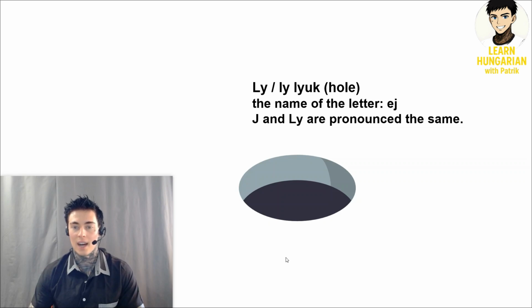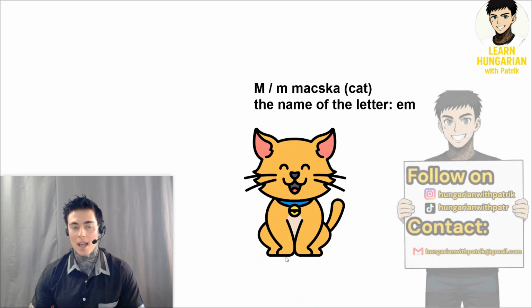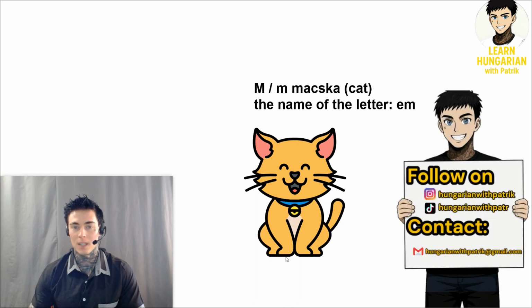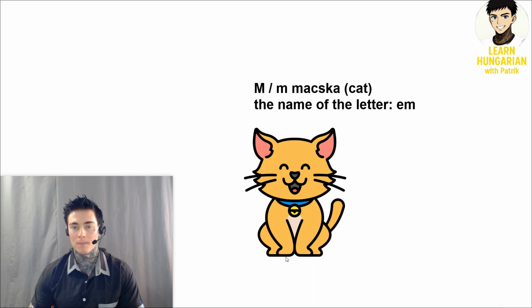J and Ly are pronounced the same. The name of the letter M, but we pronounce it like this. M, macska.